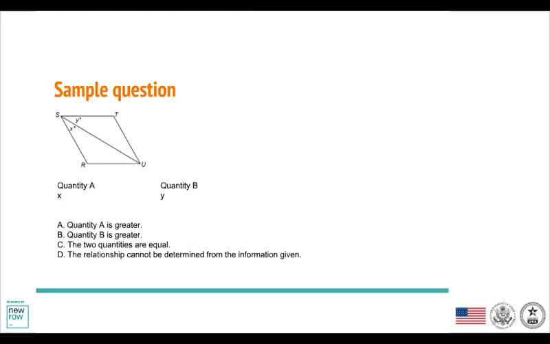You have on that S angle an X degrees on the left side and a Y degrees on the right side. And they're asking, is quantity A greater, quantity B greater? Are the two quantities equal, or can you not determine the relationship based on the information? So just take a moment to think about this question and see what you come up with as an answer.